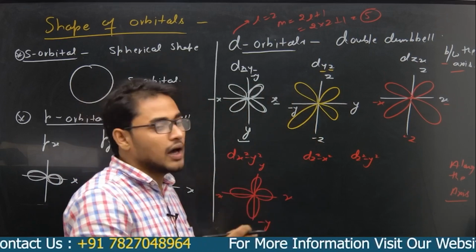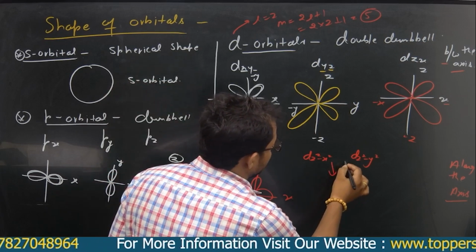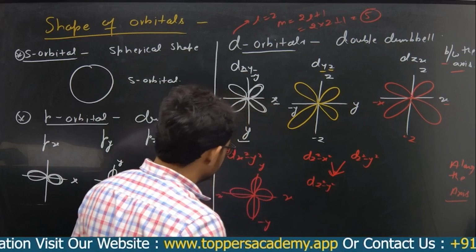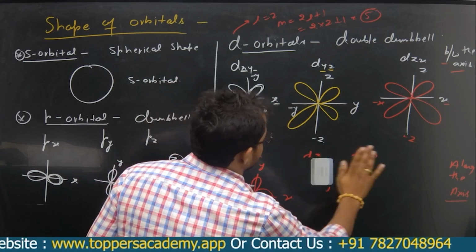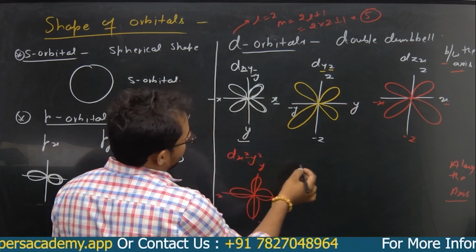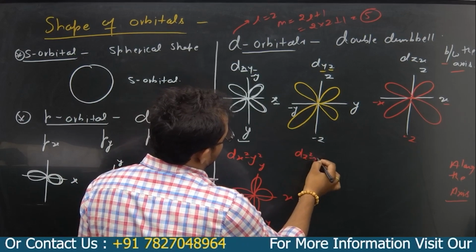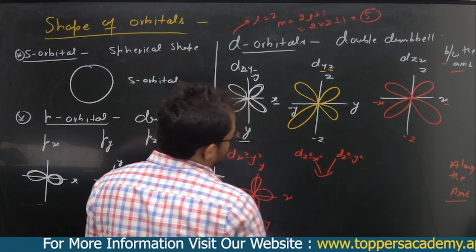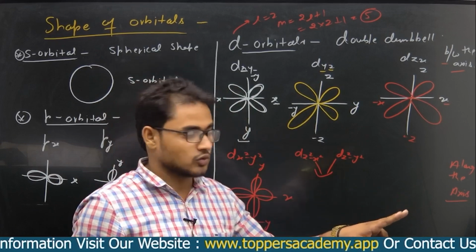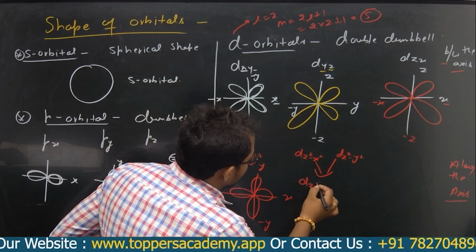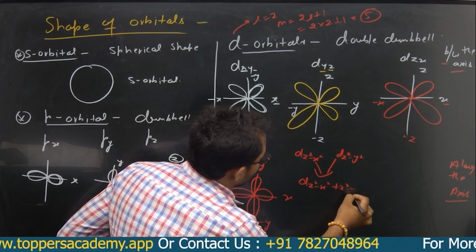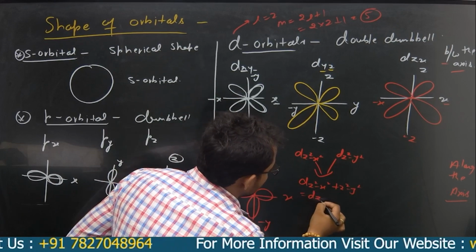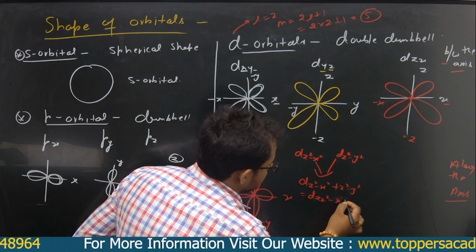If we take the sum of these 2 orbitals, it will be dz square minus x square plus z square minus y square, which becomes d 2z square minus x square minus y square.